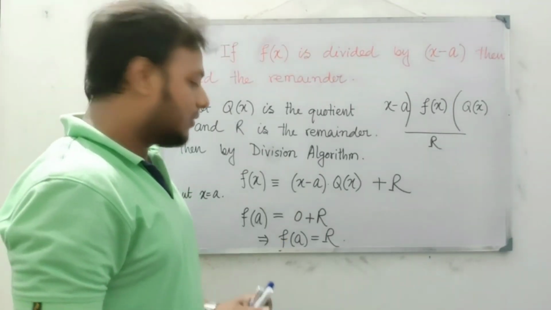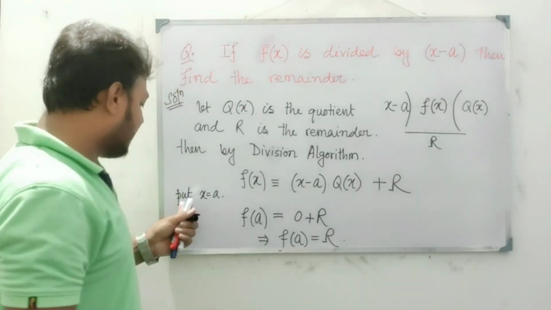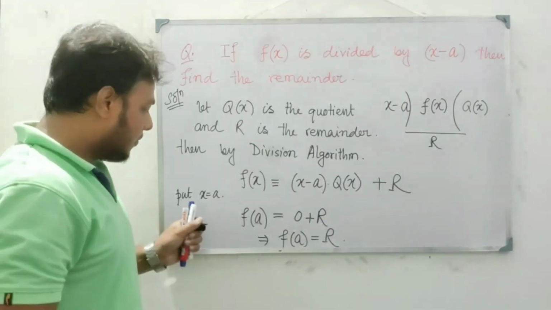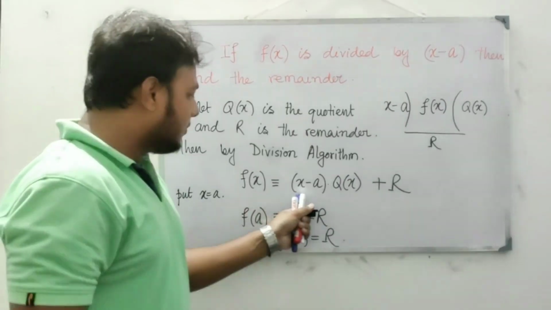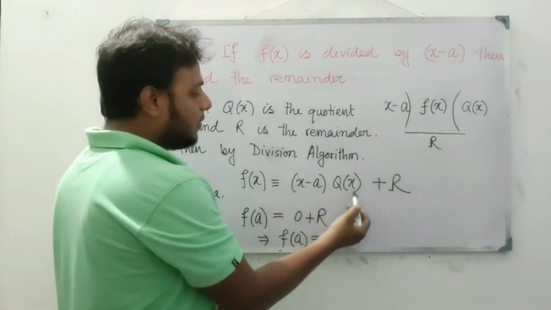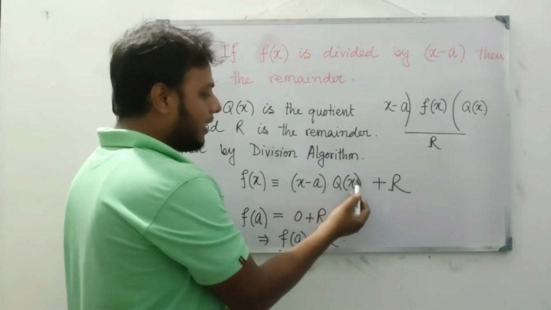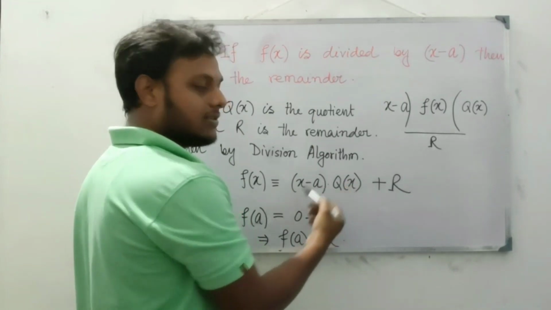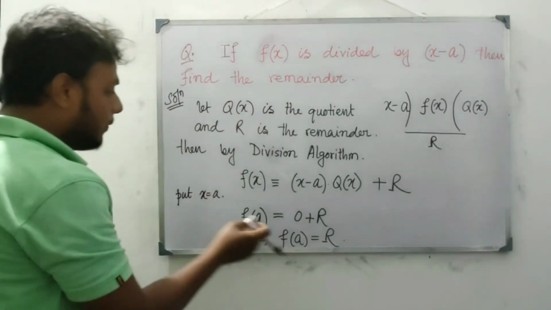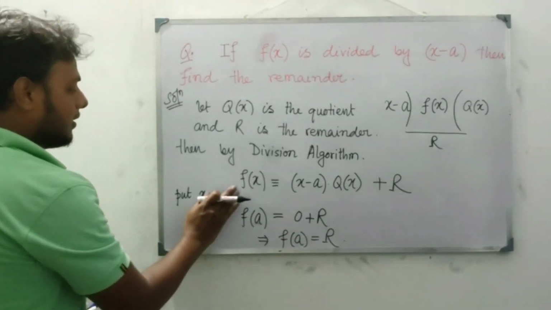Understood? So the question can arise, why, sir, did you put x equals a here? We put x equals a here to remove this term only. If we put x equals a, then this term will be 0 and this term vanishes. So we get the remainder equals f(a).